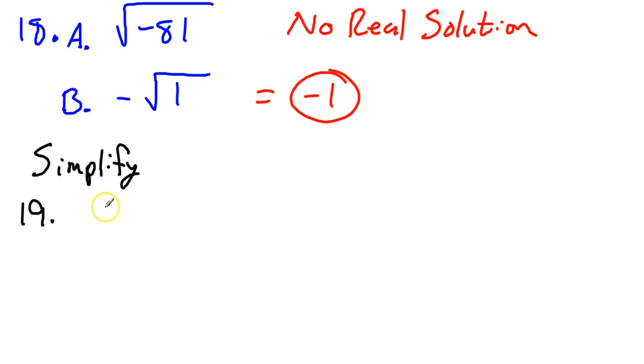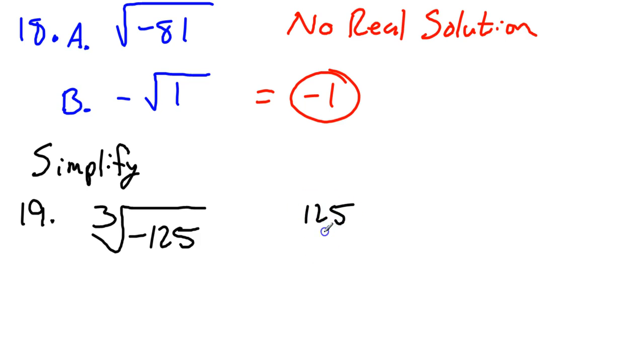19, they changed it up just a little bit, and now they say just to simplify. And this one goes to a third root. So if you had the third root of negative 125, this is where you'd have to take the 125 and break it down.